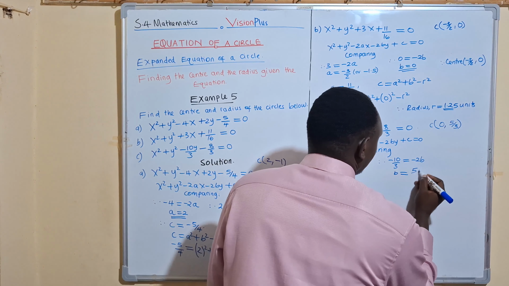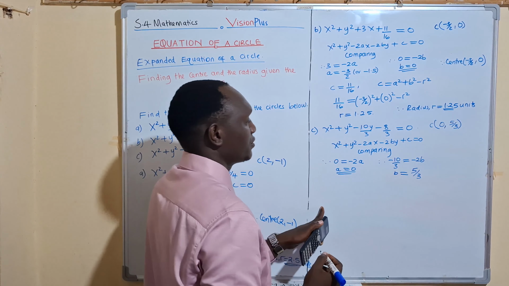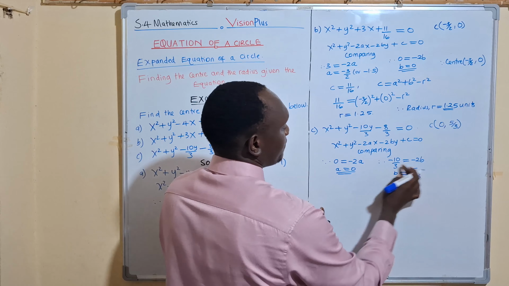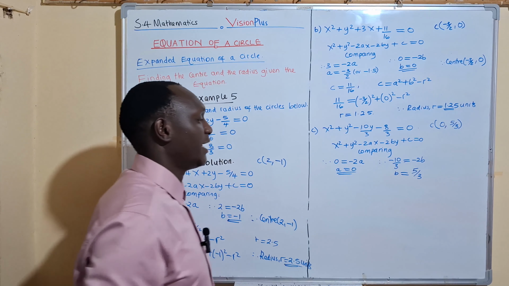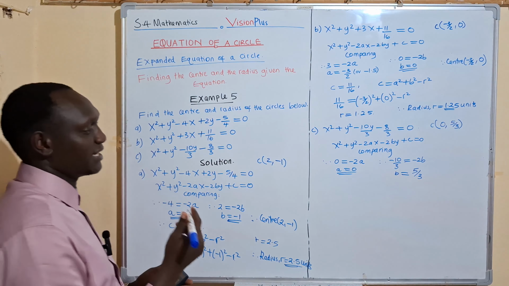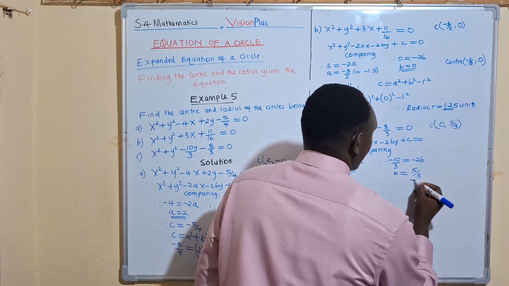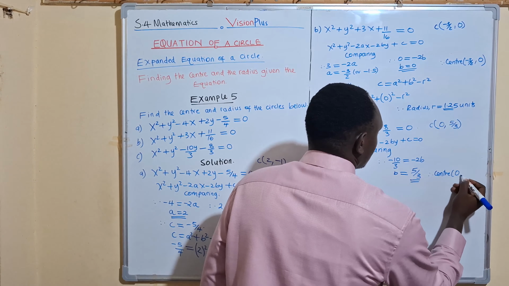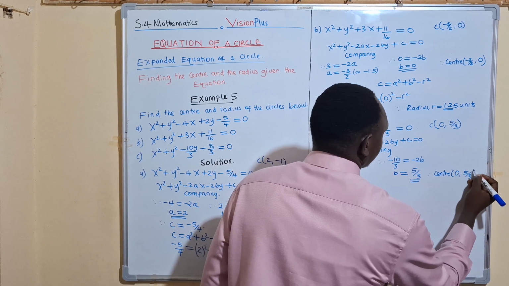But there are very many options here. Someone could start by multiplying both sides by 3 to eliminate the fractions, and then you continue to find b. You get that same answer. Therefore, our center is 0, 0 and 5 out of 3.